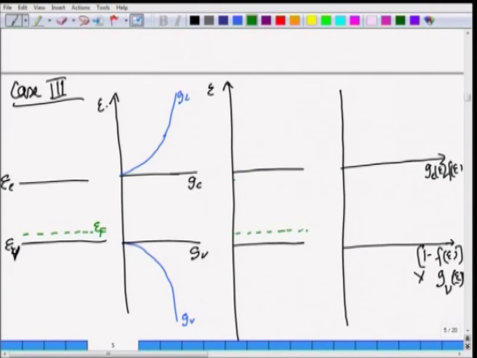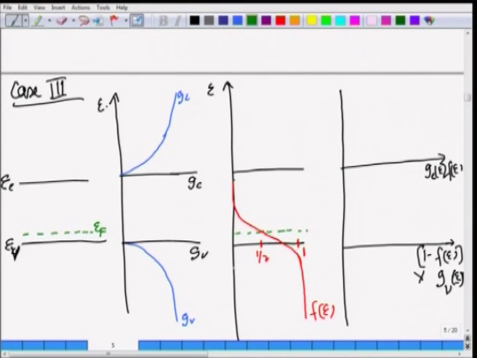Since the Fermi energy is here, what will happen this time? This curve f of E will become half here, so it will become really 0 and something like this. If this is 1 and this value is half, and I plot 1 minus f of E, it will be the mirror image of this, of course.